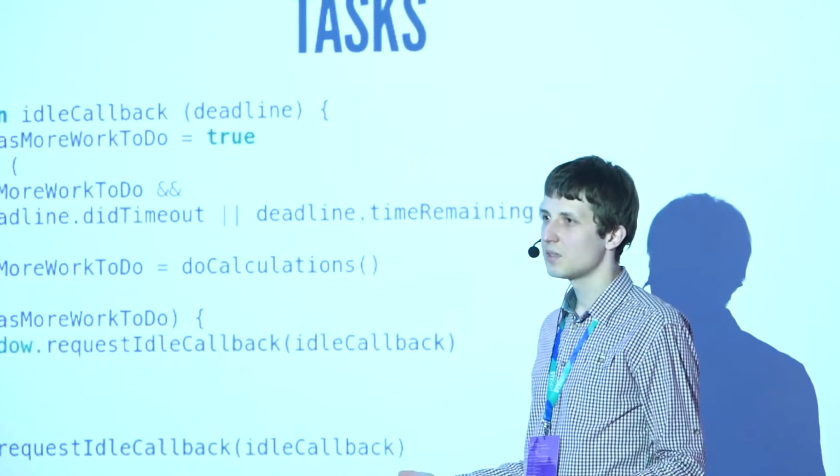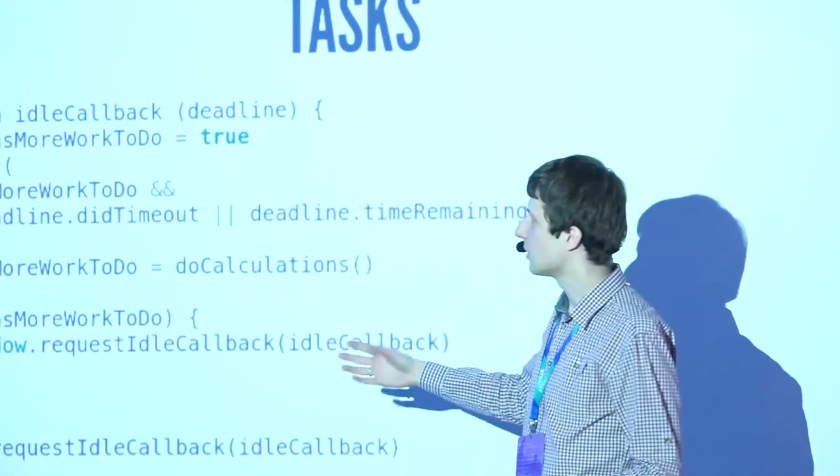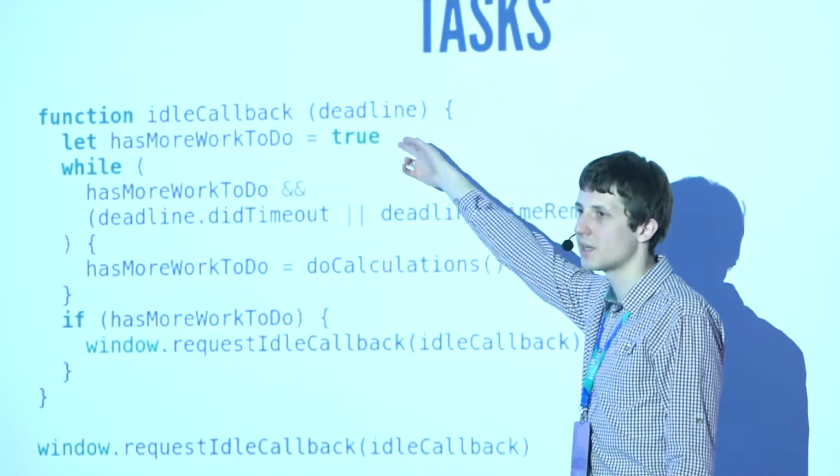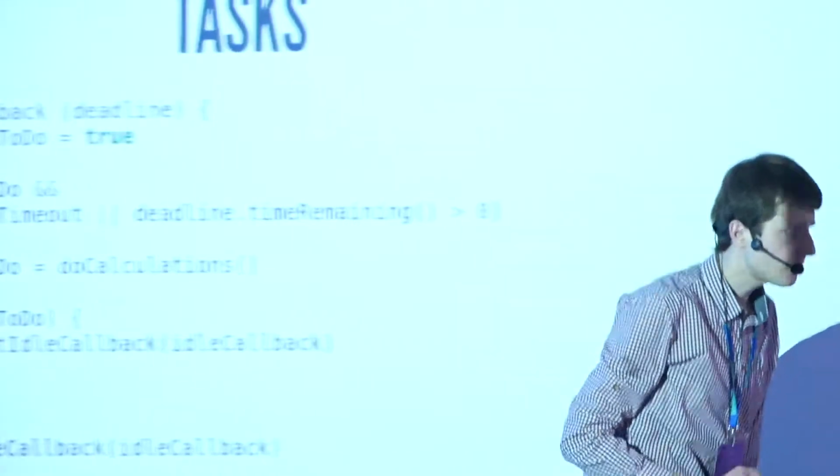So this is a little bit similar to setTimeout, but the difference is that the callback will get a deadline object. This deadline object has special functionality that we don't get in setTimeout. When the browser gives us the opportunity to execute those calculations, it also gives us a time frame.